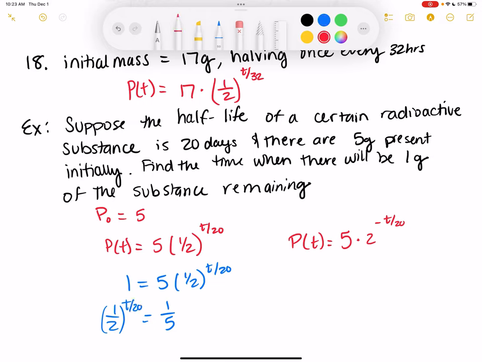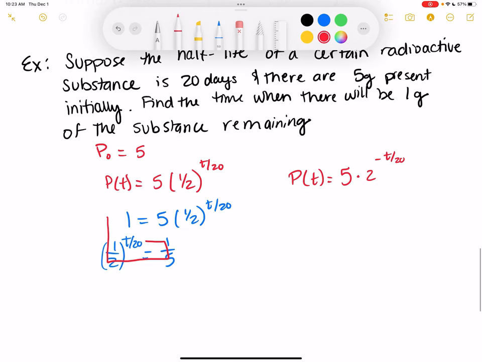So it's exponential, I undo it by a logarithm. So you have log base 1/2 of 1/5 is equal to T over 20.